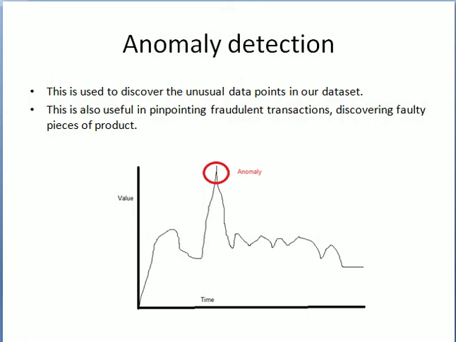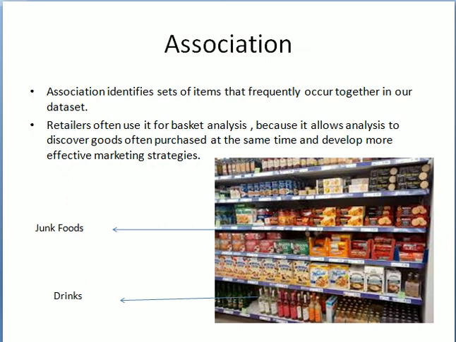The next one is association. You will find this mostly in supermarkets. Association identifies sets of items that frequently occur together in our data set. Retailers often use it in basket analysis because it allows analysts to discover goods often purchased at the same time and develop a more effective marketing strategy.